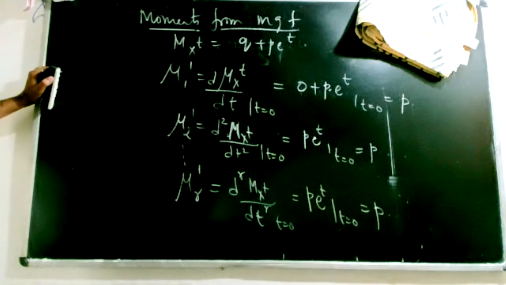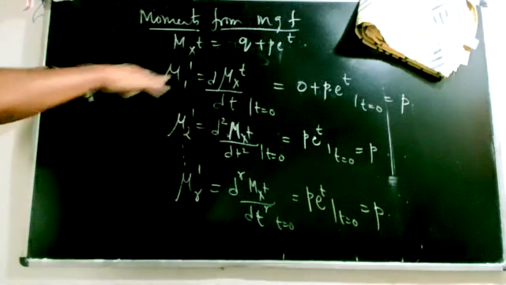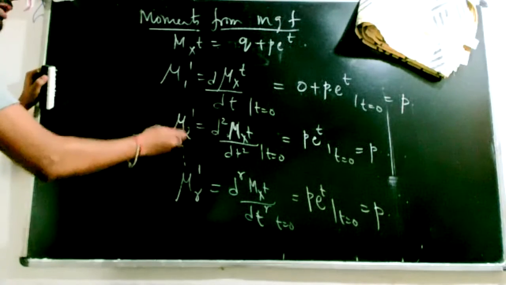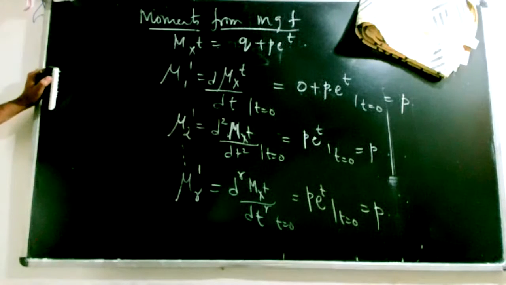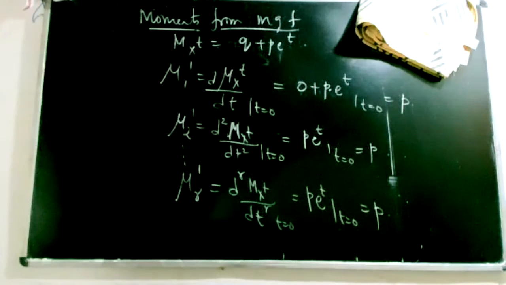And if they say derive beta 1 and beta 2 for a Bernoulli distribution, then either you could start from the MGF like this, or you could use the previous method where we obtain mu r dash using the formula expectation of x power r, and we obtain mu1 dash, mu2 dash, mu3 dash, mu4 dash equal to p, and again use the relation between raw and central moments and derive beta 1 and beta 2. So this completes almost all of the properties of the Bernoulli distribution.